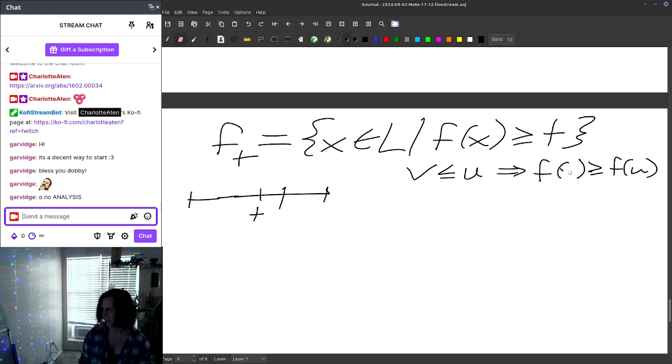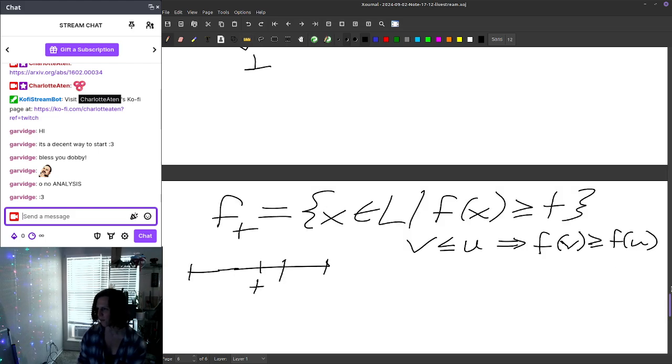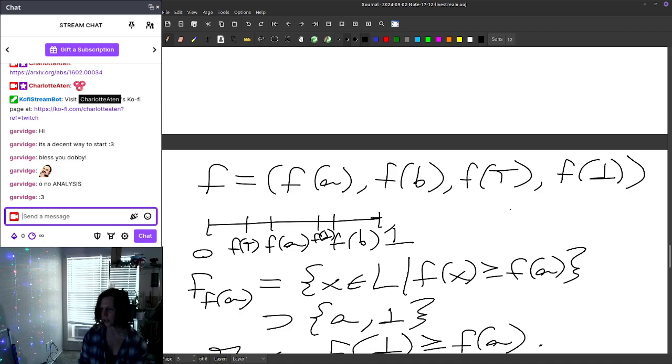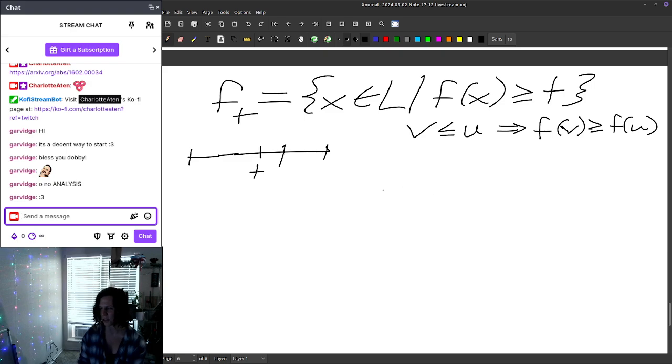Well, wait, hold on a minute. This is analysis because I have inequalities. I promise that there's only going to be, see, I wrote the function up here somewhere. It's really just a tuple, and I'm trying to explain how this is basically a discrete thing.